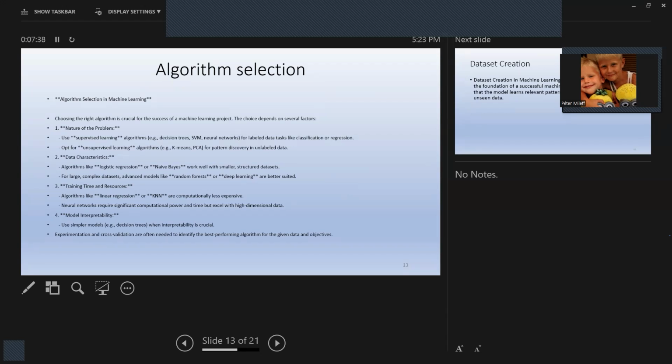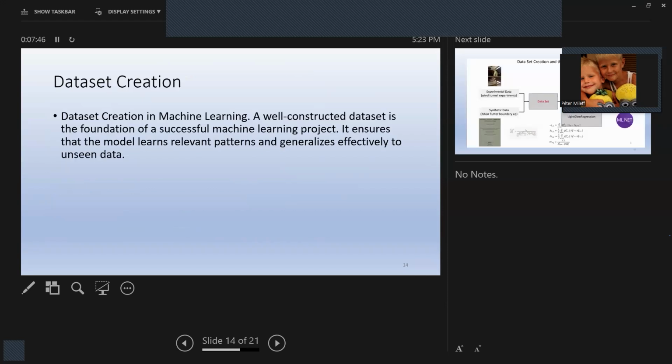For these types of problems, generally speaking, regression algorithms are suitable. So at the very first stage of our investigation, we concentrated on these particular algorithms for this particular problem. The second very big problem is you really need a good data set, good quality data. How to come to that is a problem of its own.